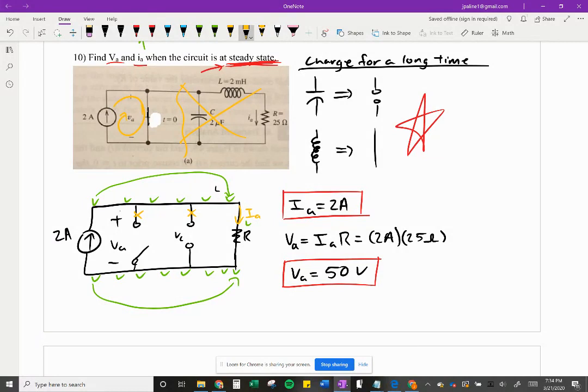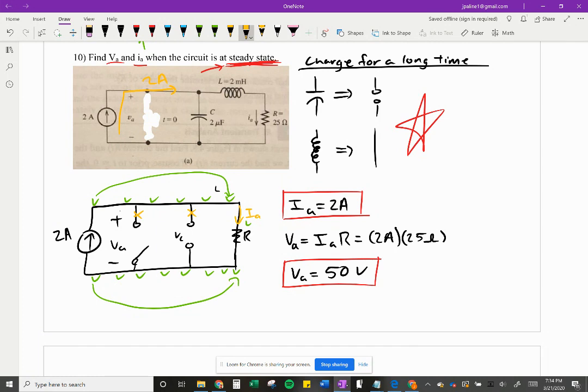It'll loop around here forever because it wants to follow the path of least resistance. But once we open it up, now this acts open right here, and that acts open. So now the current has no choice but to come up and travel that way towards all these other elements.